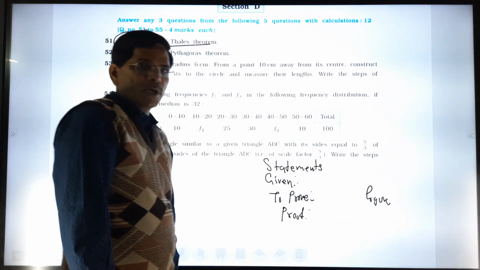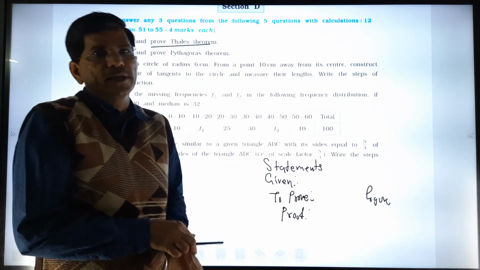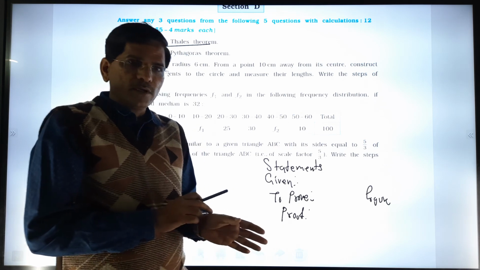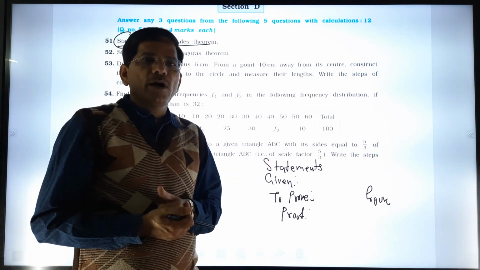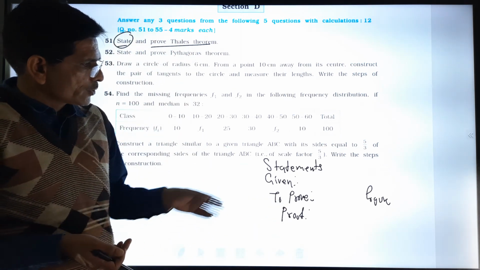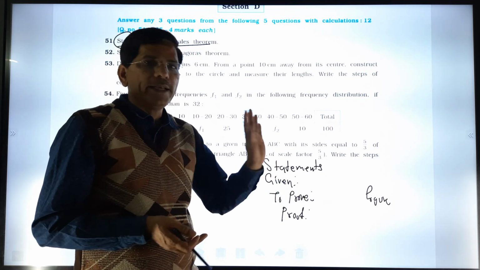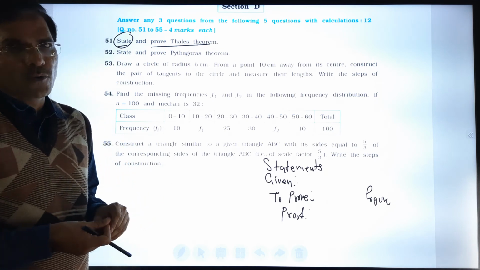Always remember, if you draw the figure perfectly, you will get half marks. Statement, half marks. Given, again half marks. To prove, again half marks, and then the proof. So with 4 marks weightage, you can easily get 2 marks from the statement, given, to prove, and figure, and the other 2 marks are for the proof.